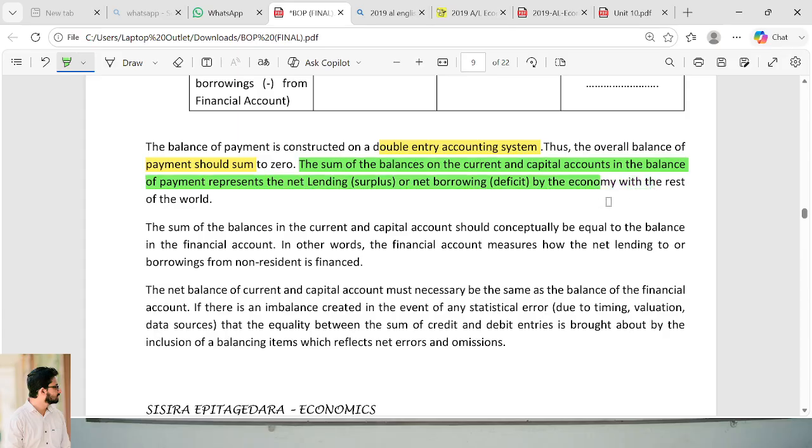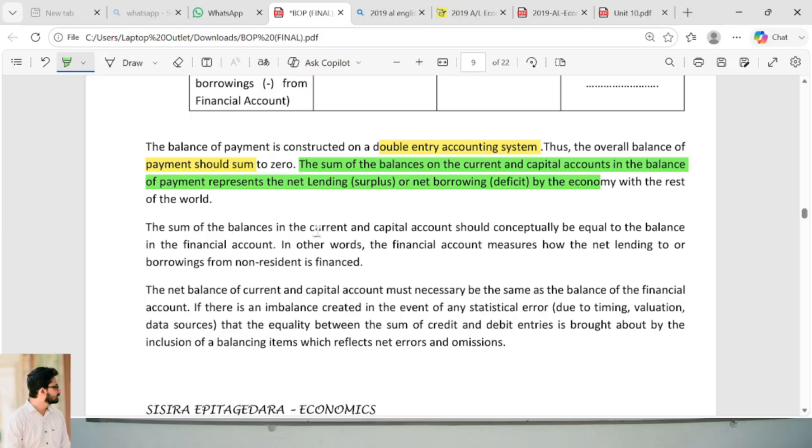As I told you, if there is a deficit in the current and capital account, it shows that we need to borrow funds from the rest of the world. We are going to be a borrower. Sri Lanka has been. No need to explain, this is not new for us. Continuously, in the balance of payment, we have been a net borrower, right?